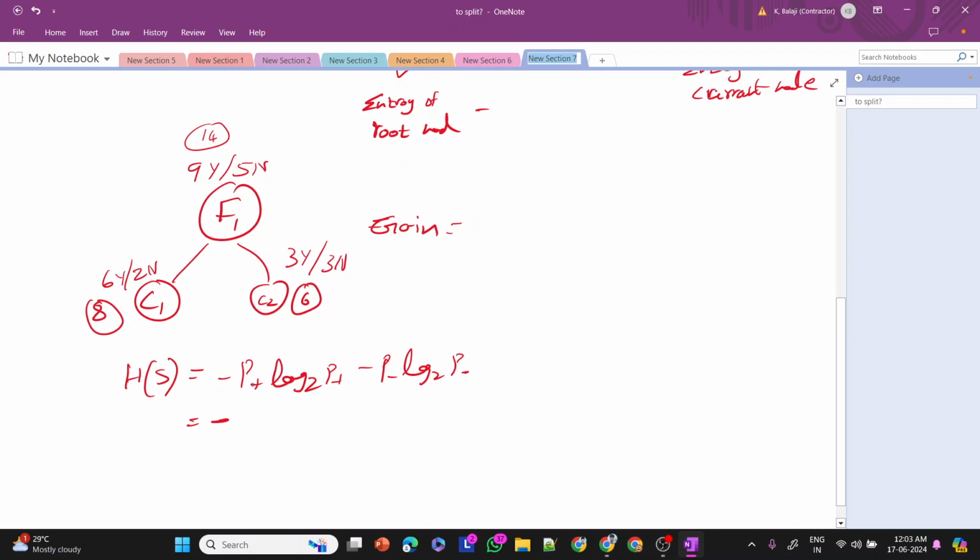The probability of positive is 9 by 14, and the probability of negative is 5 by 14.